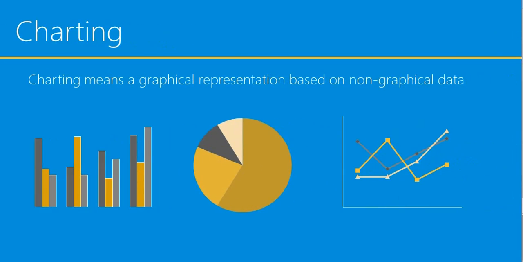Fine. Now, what is charting in general? This is a very simple sentence, and it tells a lot about what charting is all about. Charting means a graphical representation based on non-graphical data. So assume you have an Excel sheet which represents region-wise product sales.